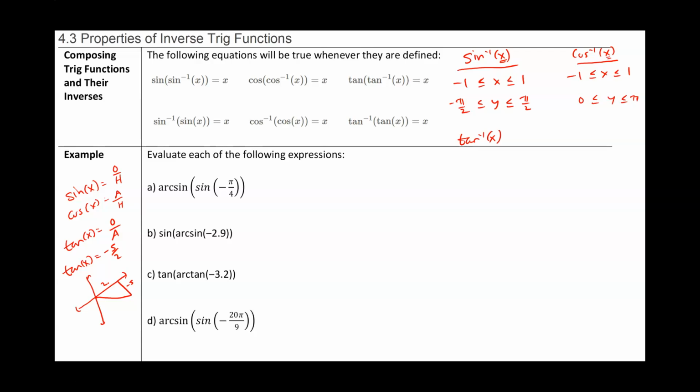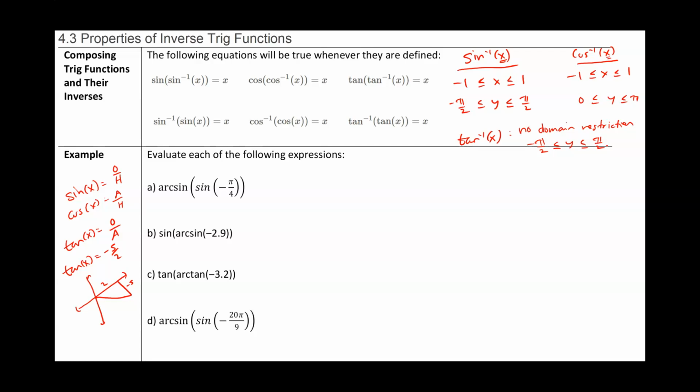But that can't happen for sine or cosine, where the denominator is smaller than the numerator, because the hypotenuse always has to be the bigger side. So for tangent, we have no restriction on domain. Tangent has no domain restriction. And then remember, the output is the same as sine. So we have -pi over 2 less than or equal to y, less than or equal to pi over 2.